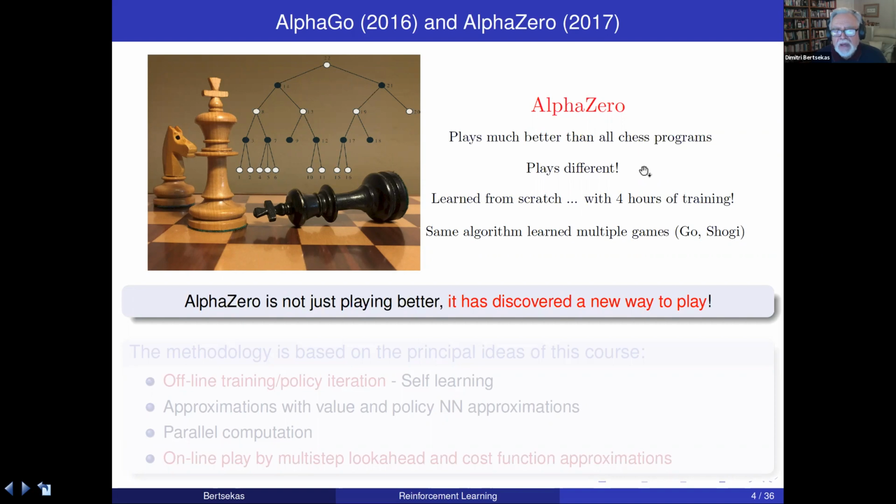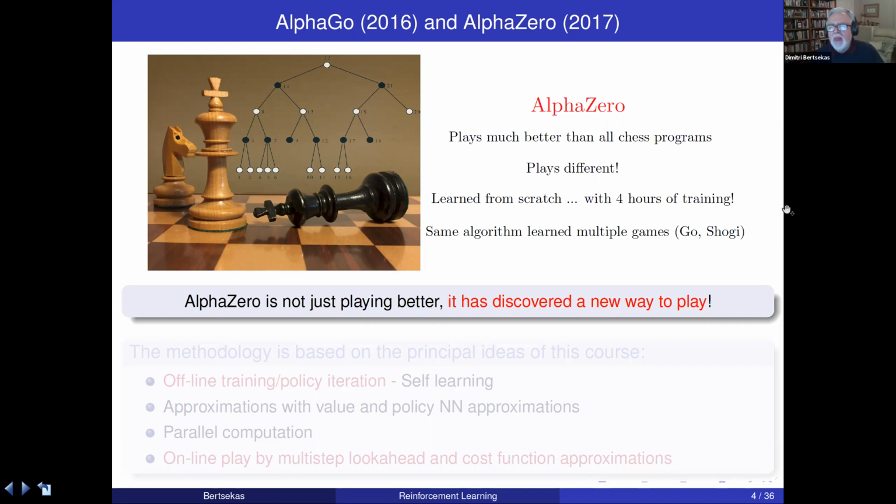And another thing that's impressive is that it has learned from scratch, just given the rules of the game, by playing against itself without human instruction, and was able to beat the top computer programs within 4 hours.